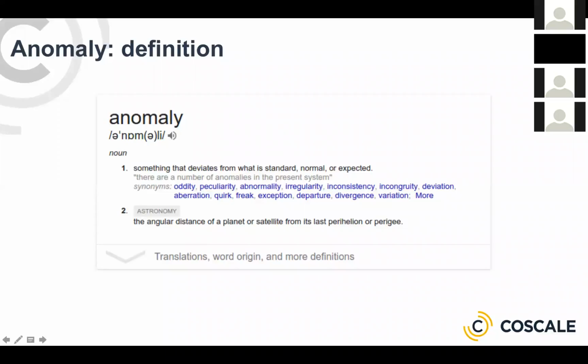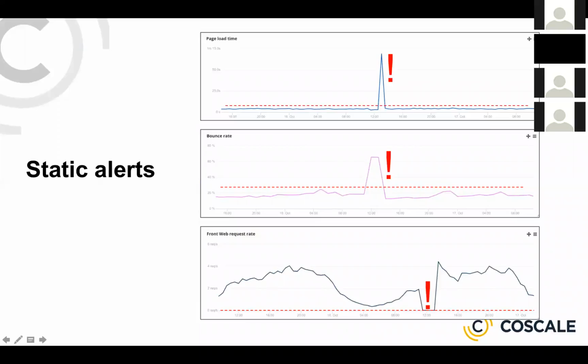So quickly, what is an anomaly? Simply said, it's a deviation from normal behavior. So ideally, you want a system that understands what your normal behavior is and warns you when that behavior changes. Now, up until now, we've, of course, been relying on static alerts, and they are very good at catching these catastrophic events.